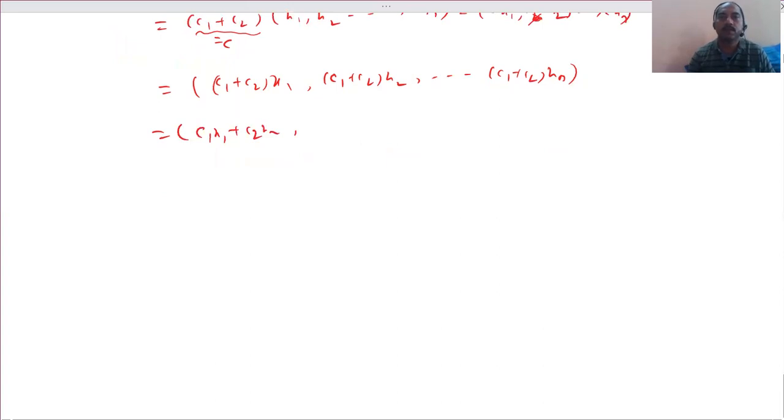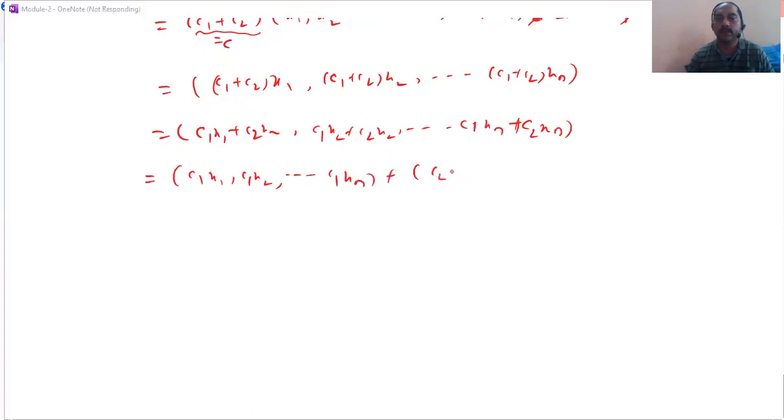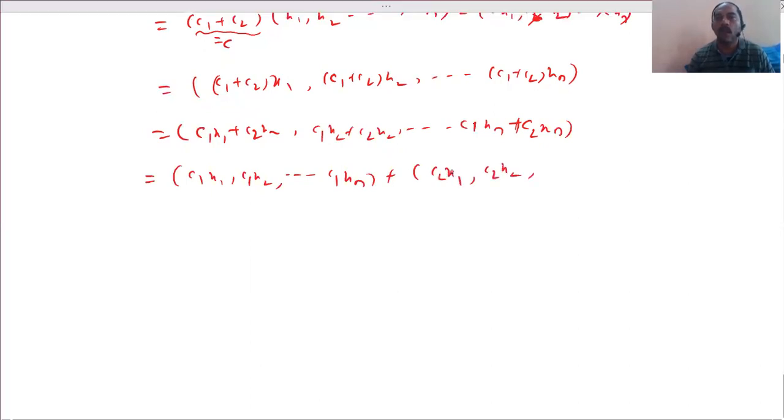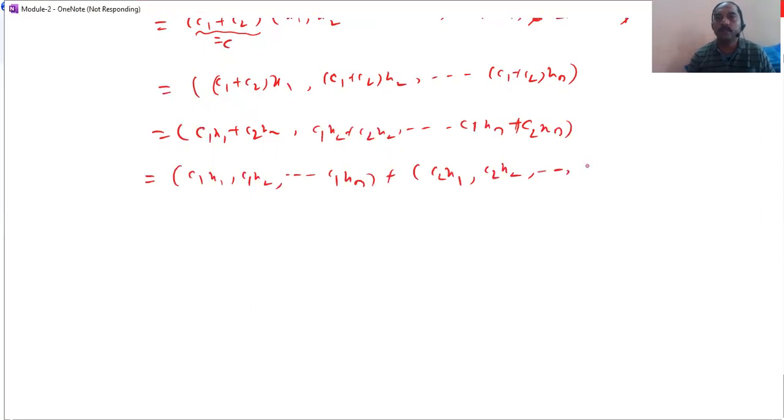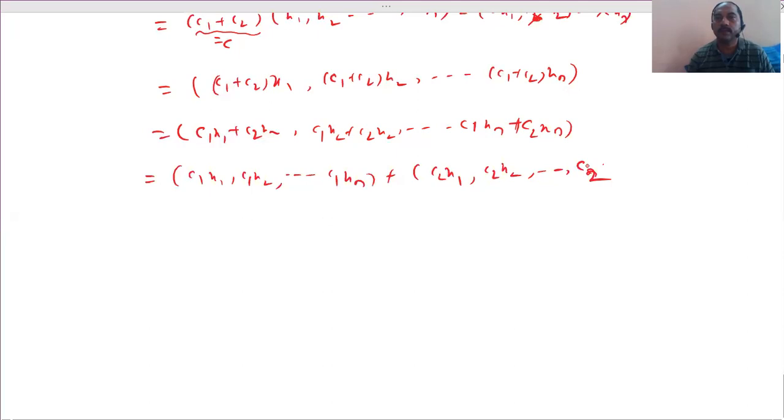C1 x1 plus C2 x1, comma, C1 x2 plus C2 x2, and so on, C1 xn plus C2 xn. Now it is written as C1 x1, C1 x2, and so on. All C1 terms are taken in one vector, all C2 coefficient terms in another vector, ending with C2 xn.